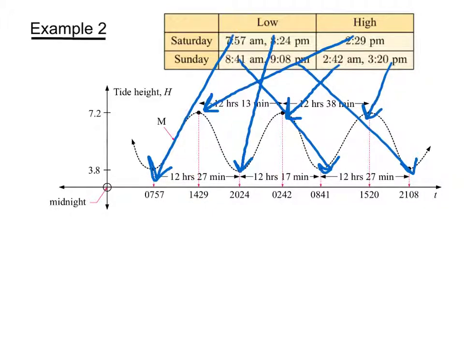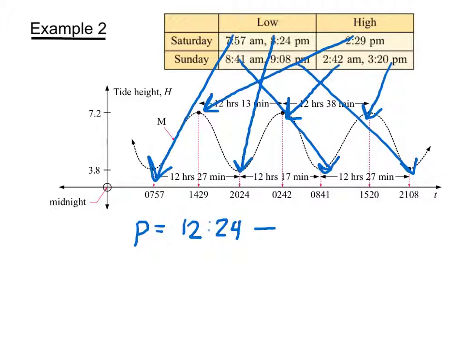So how do I choose a period? Well, I can take the average period that I'm seeing in the data. So really what I'm going to do is take the average of 13, 38, 27, 17, and 27, and that's going to get me an average period of 12 hours and 24 minutes.